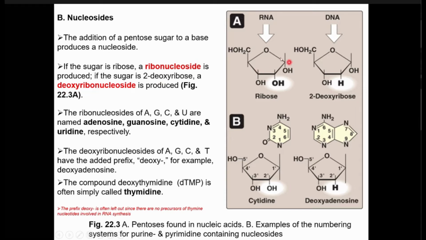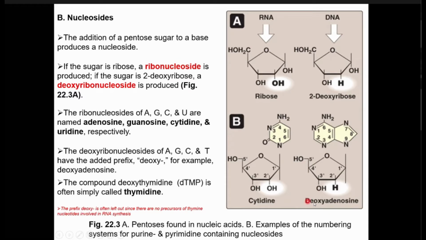So this is the ribose, again with the OH, and this is deoxy without the O. If you add a base, this is the cytidine. And this is the deoxyadenosine, adenine. It means this is the adenine, and when you add a sugar from the deoxy, it becomes deoxyadenosine.